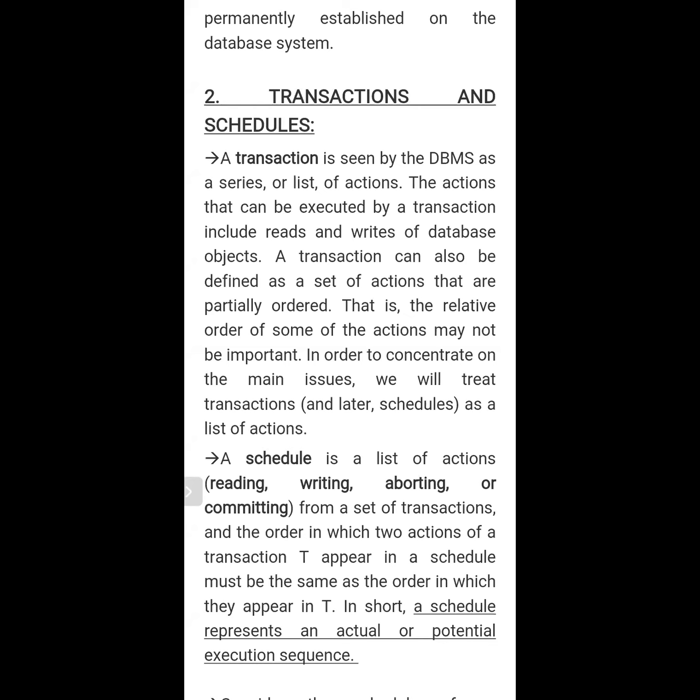In the same way in transaction management, a serial schedule is an example of non-preemptive scheduling, and a non-serial schedule is an example of preemptive scheduling.